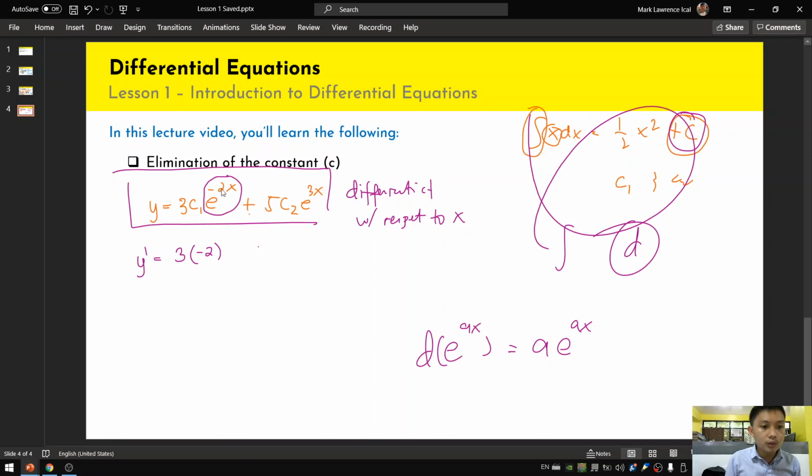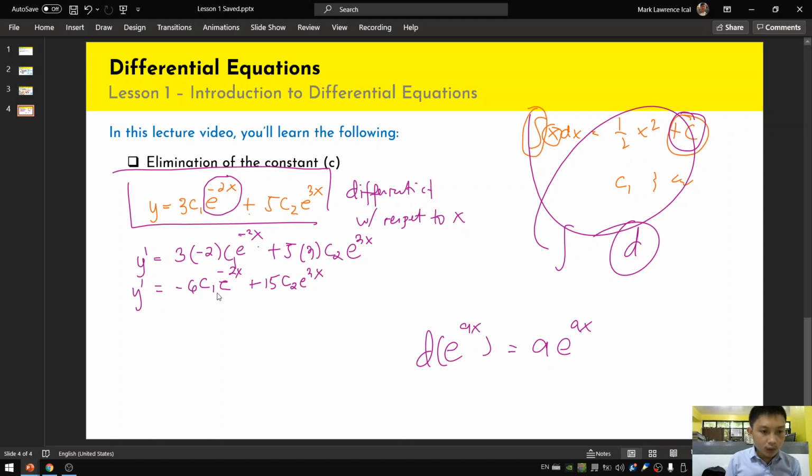Okay, so the derivative of this is 3c1 e raised to negative 2x plus 5 3c2 e raised to 3x. Okay, so let's fix it. y prime is going to be negative 6 c1 e raised to negative 2x plus 15 c2 e raised to 3x.